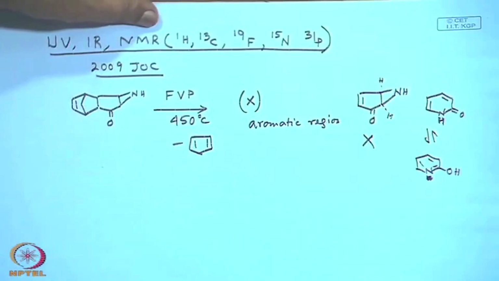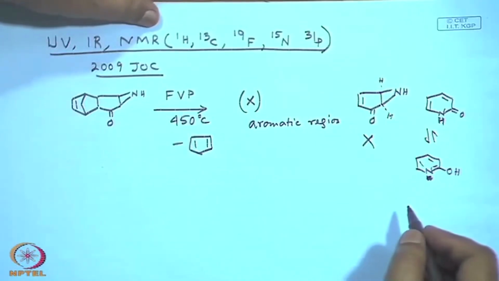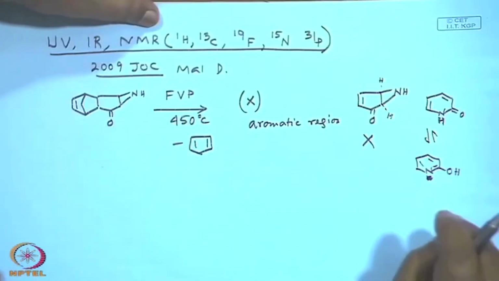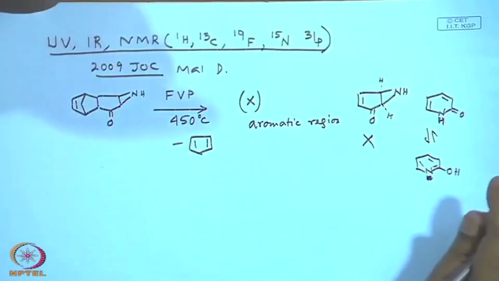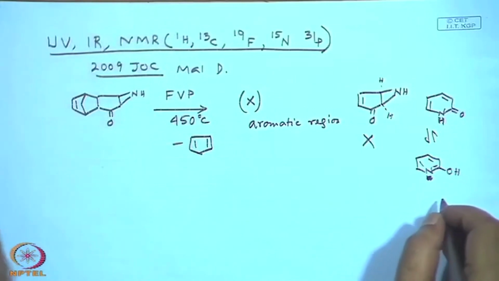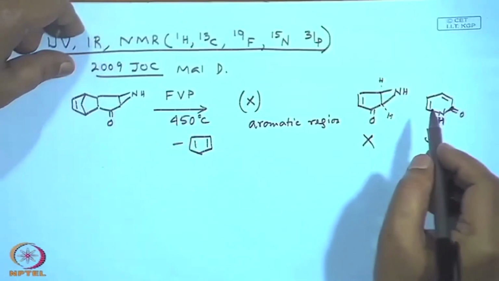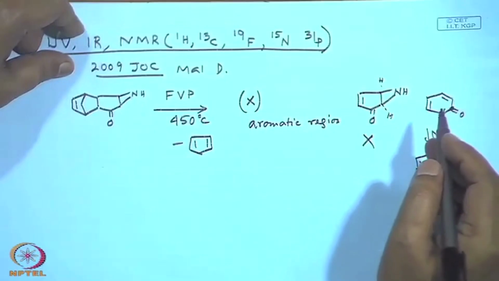I do not have the page number, but if you go through our name, you will find this. But you also have to keep in mind that an oxygen-attached carbon has a very high chemical shift value. For example, the chemical shift of this carbonyl of the pyridone should be around, any guess?